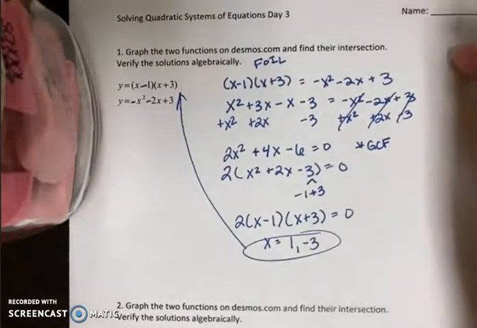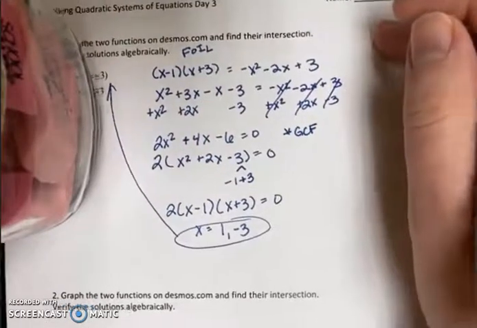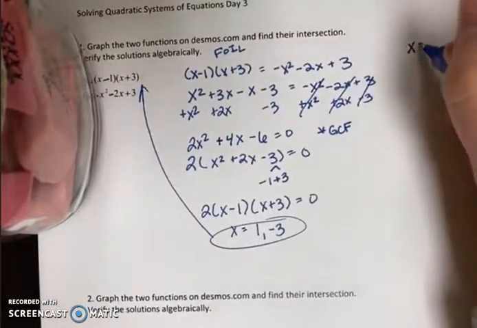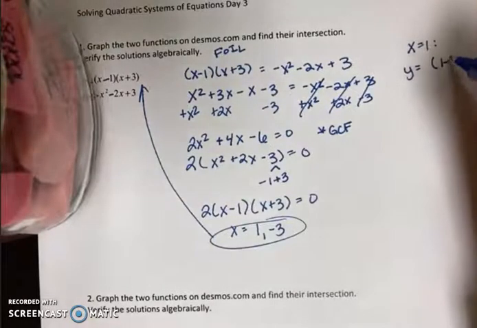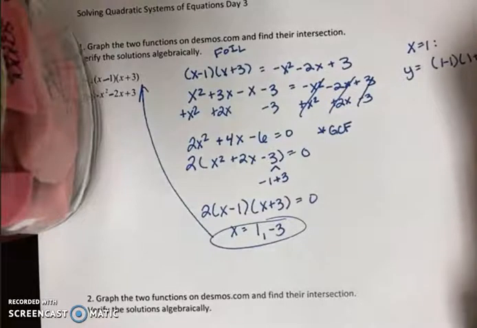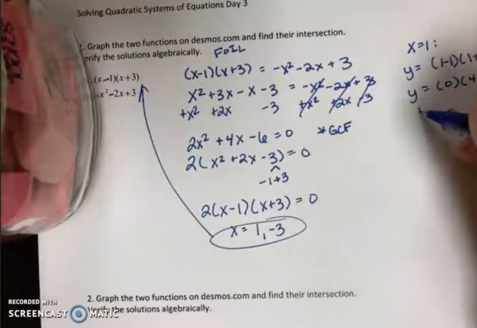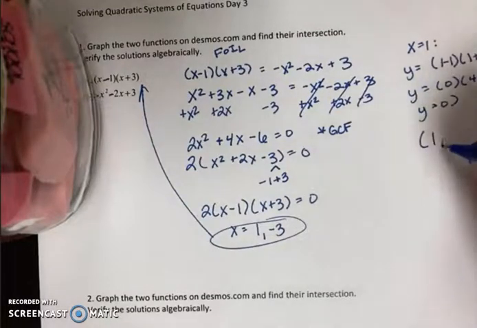I'm going to scooch it over right here. When I have x equals 1, that's y equals (1 minus 1)(1 plus 3). So that's 0 times 4, or y equals 0, meaning that my first coordinate is (1, 0).